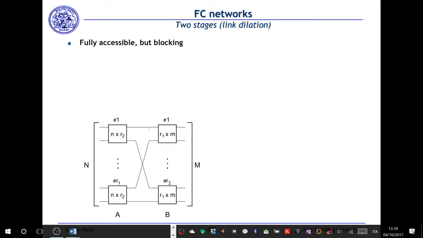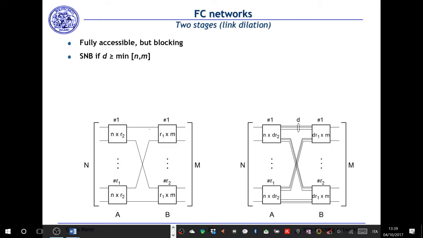Why is it strictly non-blocking? We are in a similar situation to the one we have in, for example, the crossbar tree. In the crossbar tree, each internal link is dedicated to a pair of inlets and outlets.